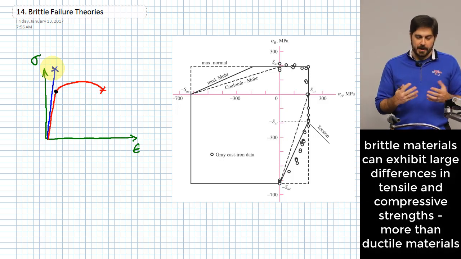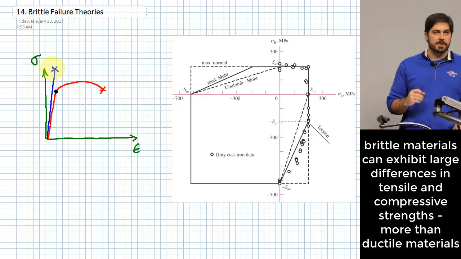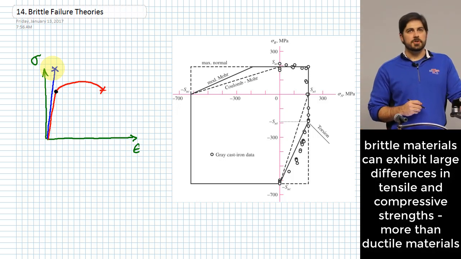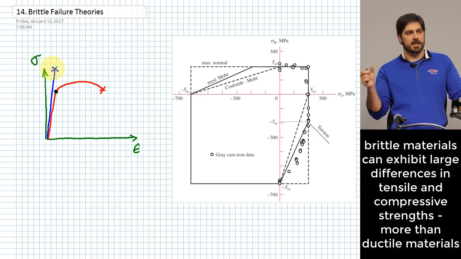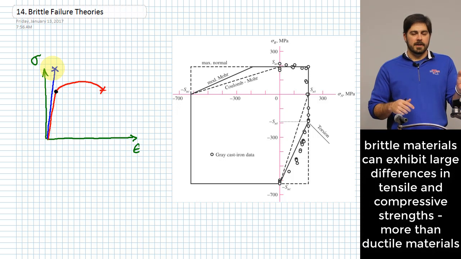The other thing I'll say is that a lot of these brittle materials do exhibit asymmetric strength properties. We looked at that last time with our Ductile Coulomb Mohr. We looked at some ductile materials that might have different properties in tension relative to compression. There's actually not that many of those. Most ductile materials exhibit relatively similar strength properties in tension and compression.